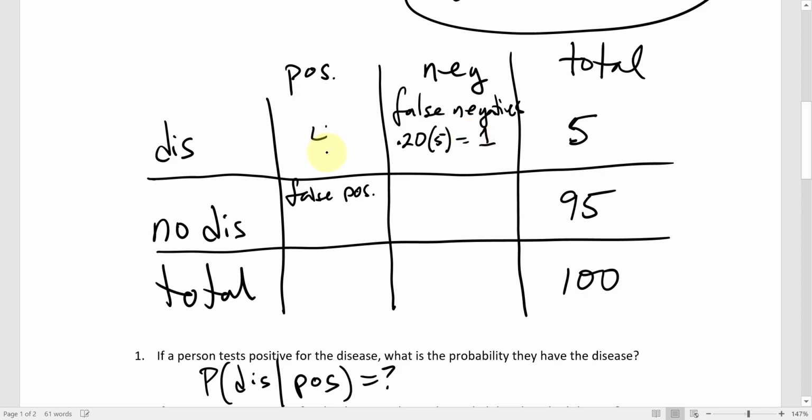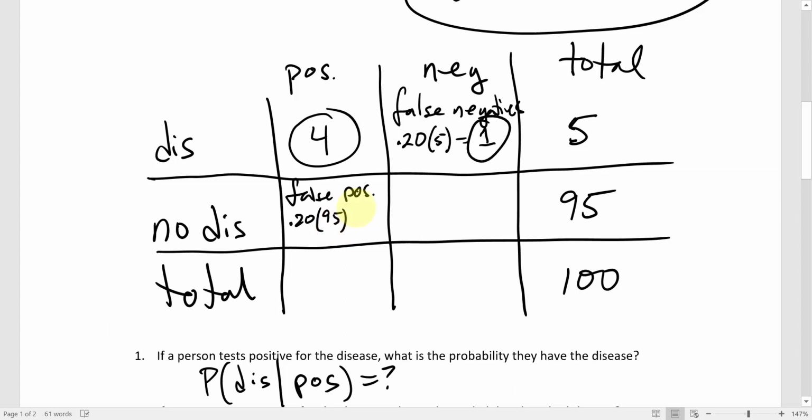There would be 4 people out of the 5. That is the 80%, right? You could also just do 80% of these people are going to test positive. And so we've got 4 people here and 1 person there that make up this total of 5 that actually have the disease. False positive rate was 20%. So you can take 20% of the 95 people that don't have it.